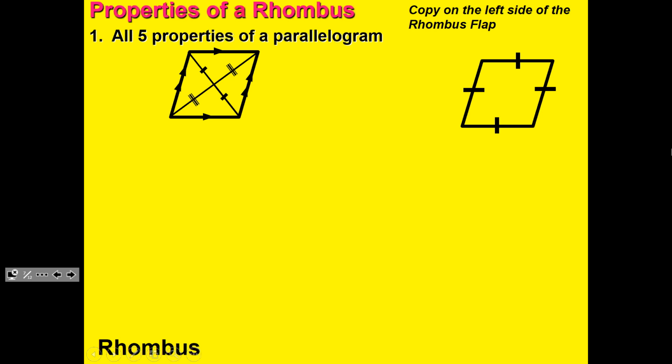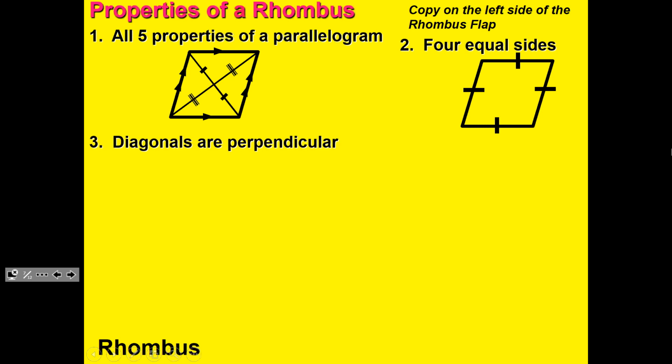Okay. In addition to that, so in addition to having the 5 properties of a parallelogram, it also has diagonals that are perpendicular. What does that mean? How is that useful? Very good.